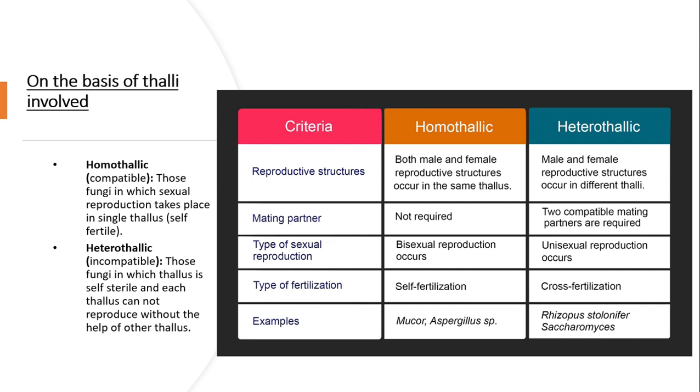Type of sexual reproduction: homothallic fungi mostly involve bisexual reproduction, and heterothallic fungi mostly involve unisexual reproduction. Type of fertilization: in homothallic fungi, that is self-fertilization. In heterothallic fungi, that is cross-fertilization.